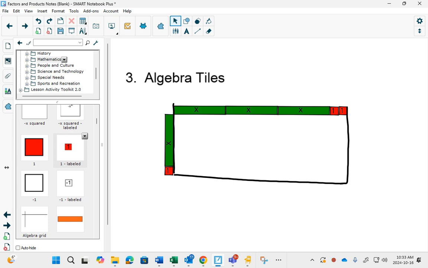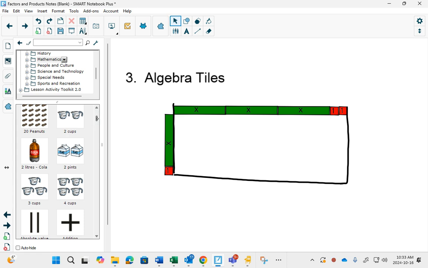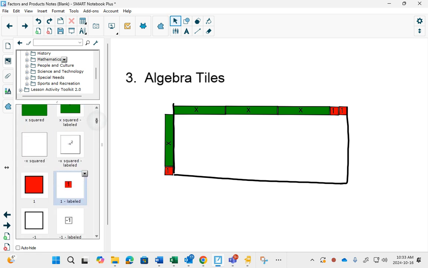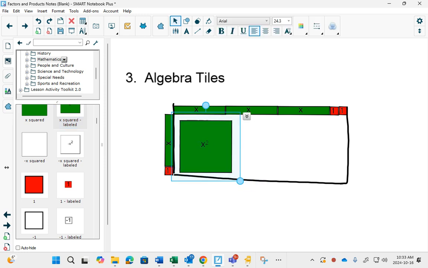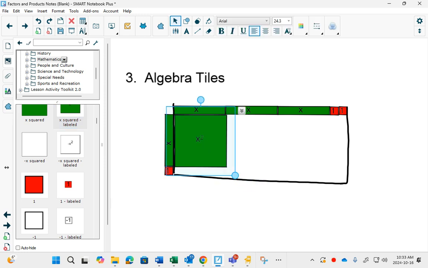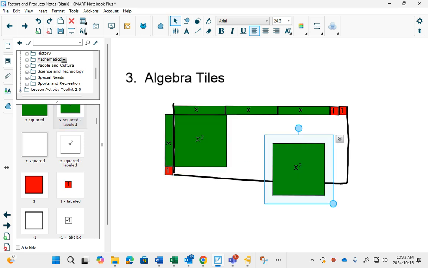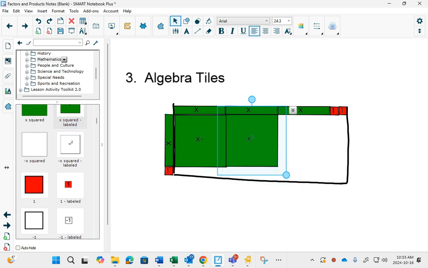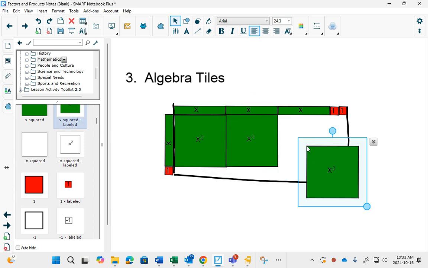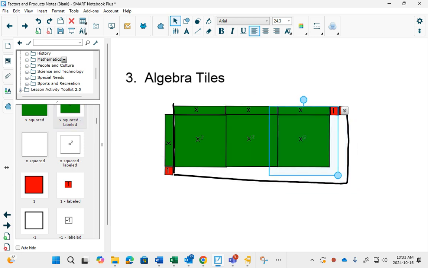So when I have x times x, that's going to fill up with an x squared. And another x times x, that's going to fill up with another x squared. And another x times x will fill up with another x squared.